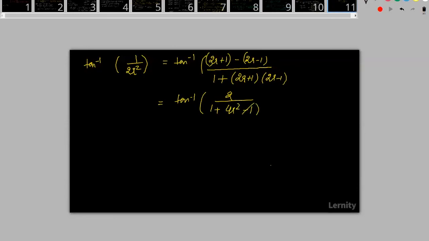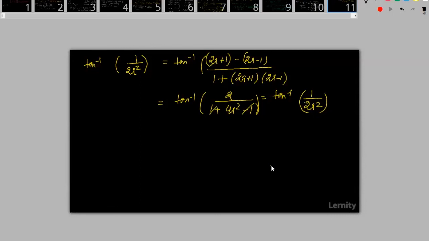So 1 and 1 will get cancelled, and here you will have 2 in the numerator. So this will become tan inverse of 1 upon 2r square, which is the same thing we were getting. So this form of writing is correct.